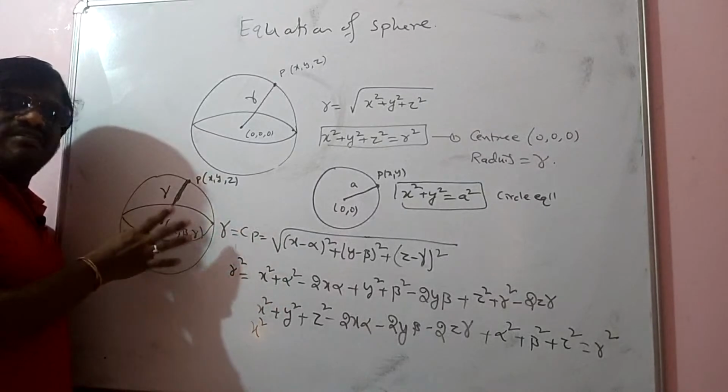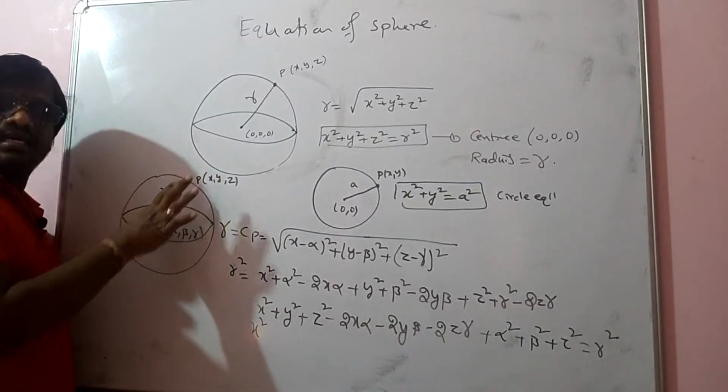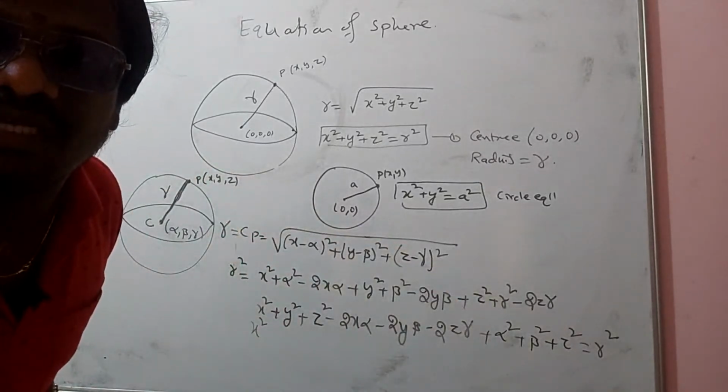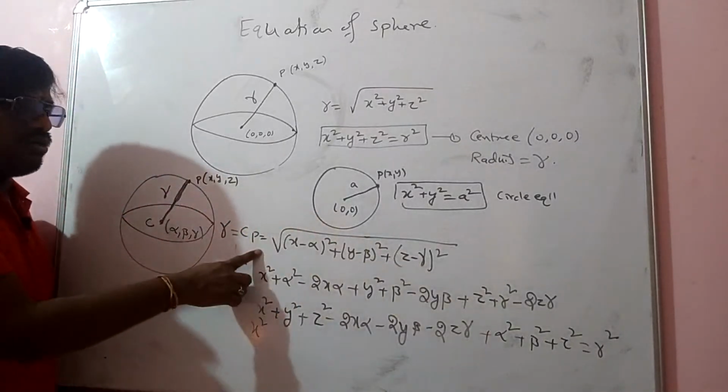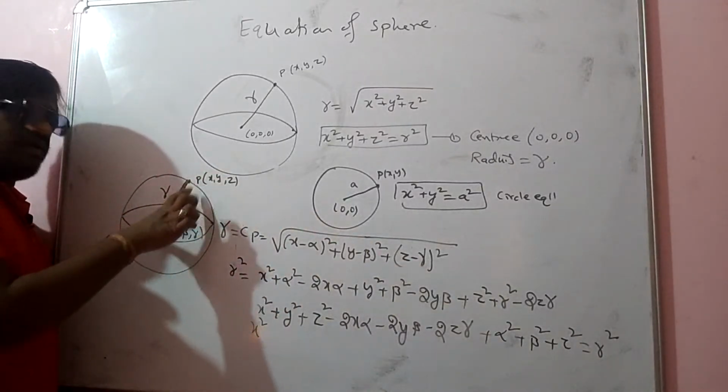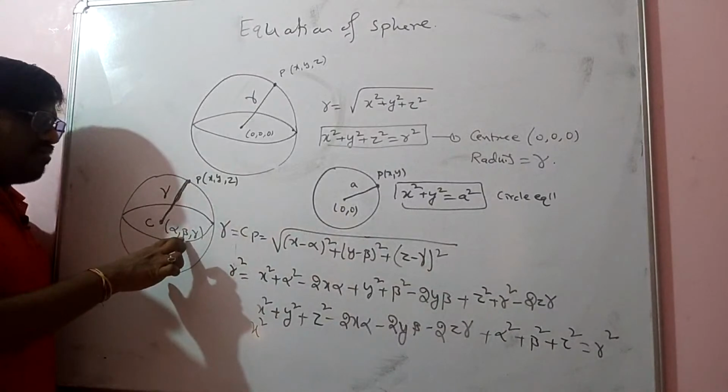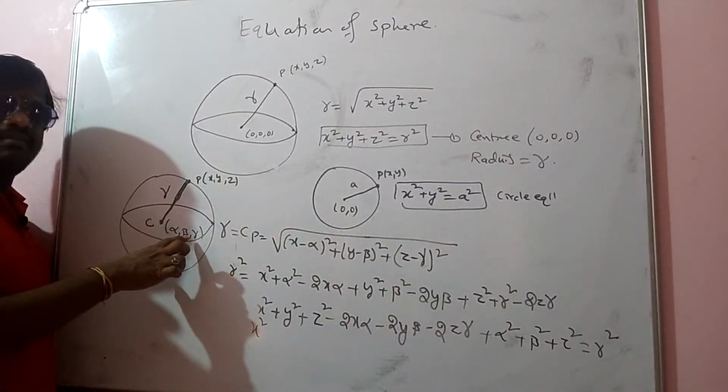So how will we find it? We will find the distance CP. Distance CP is equal to the square root of, by the distance formula, (x minus alpha) whole square plus (y minus beta) whole square plus (z minus gamma) whole square.